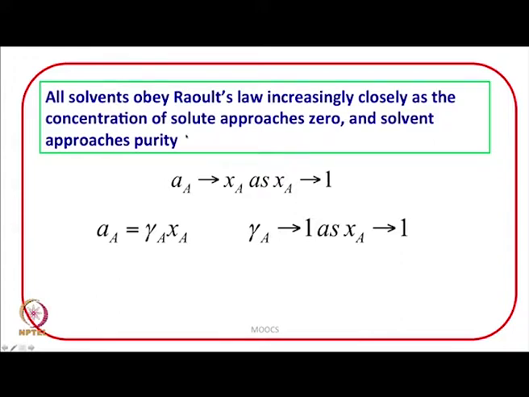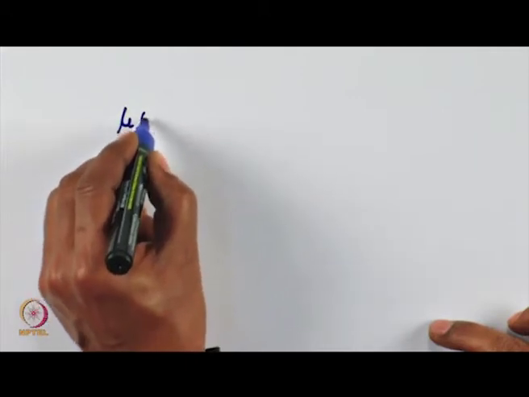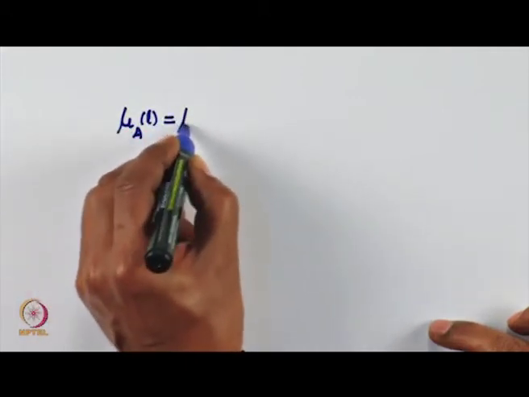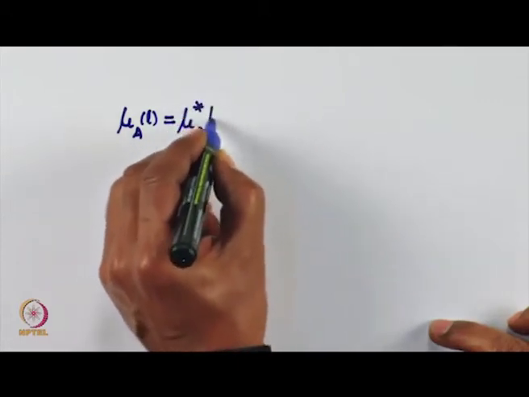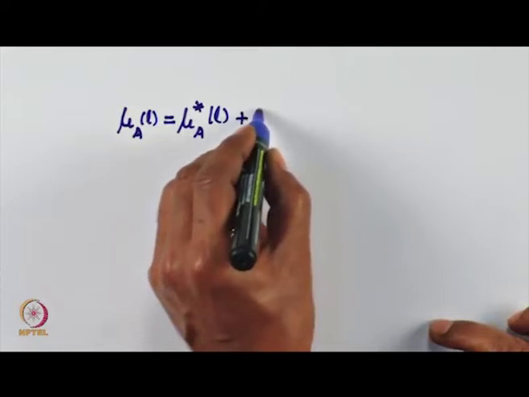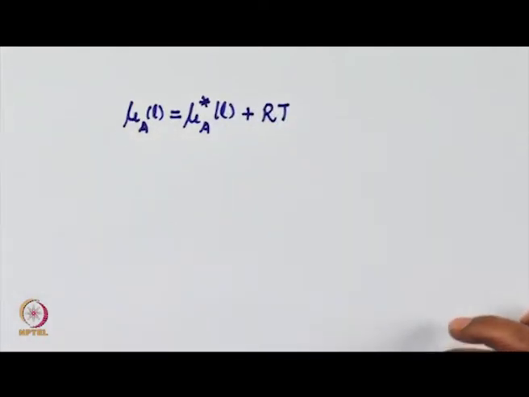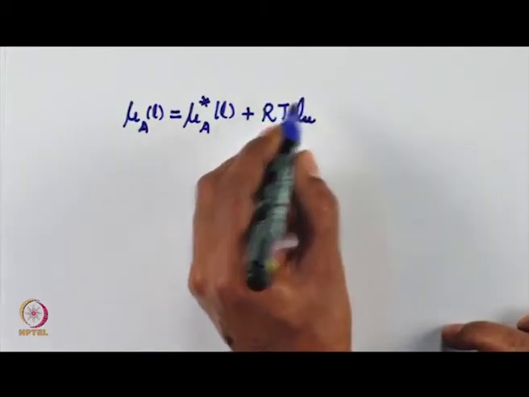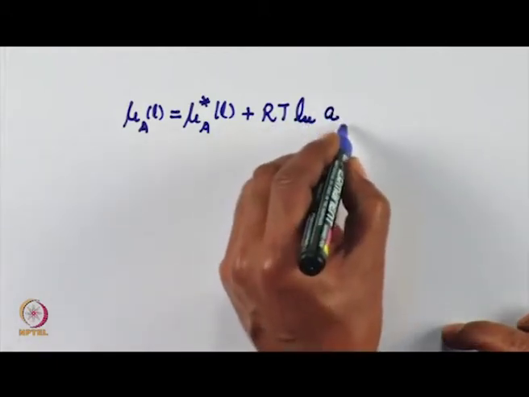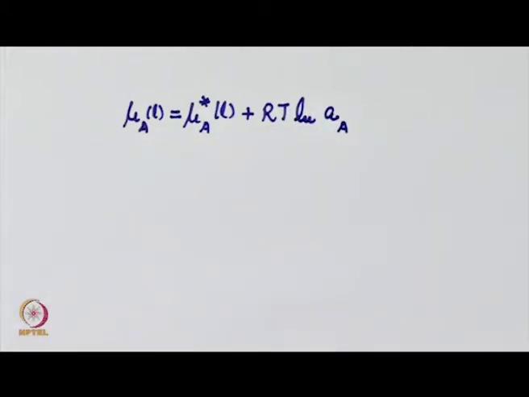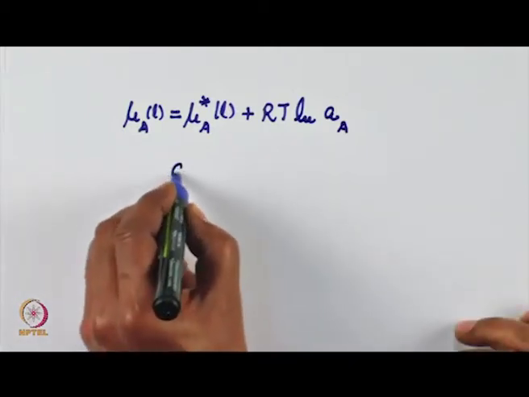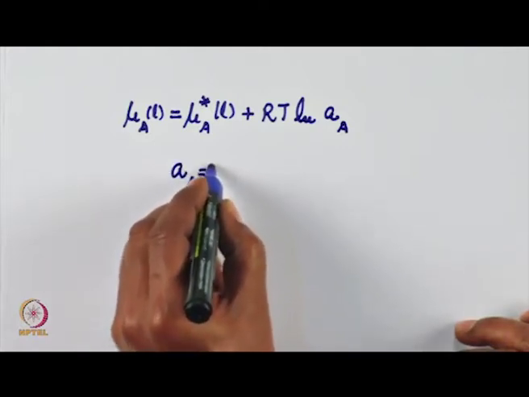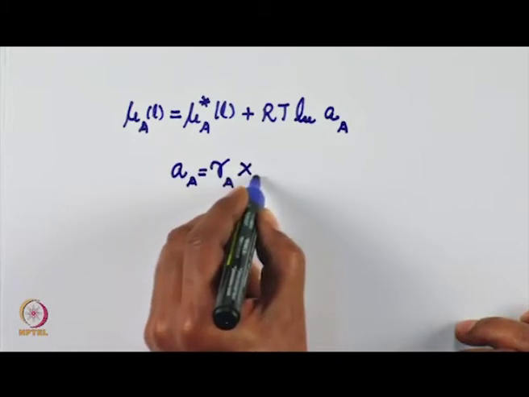And since we had earlier discussed that the chemical potential of A liquid is equal to mu A star plus RT log activity of A, and as we just discussed, activity of A is equal to activity coefficient into mole fraction.